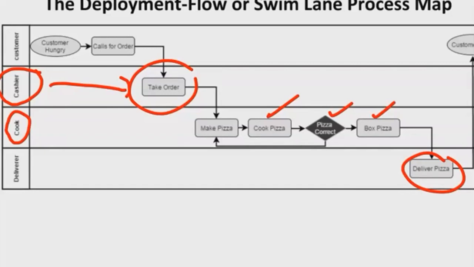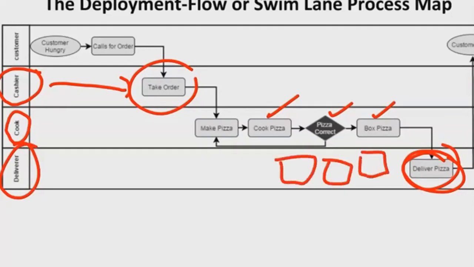So when a different team member goes to interview the delivery driver and they find out that they do more than just deliver the pizza, there's a whole bunch of other things that happen, they have a lane that they can put all of those additional steps and activities in. And it doesn't mess up the space that is being used for folks that were entering information about the cook or the cashier or the customer. It makes it easy for iterative updates to the map.